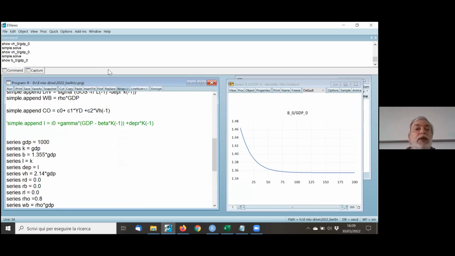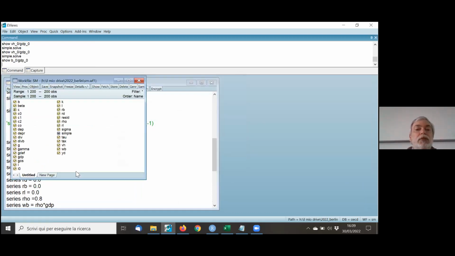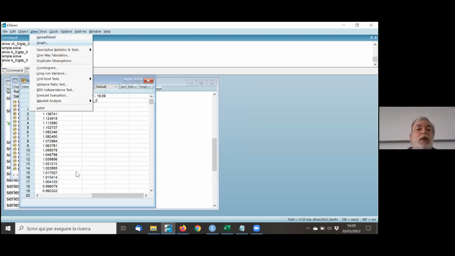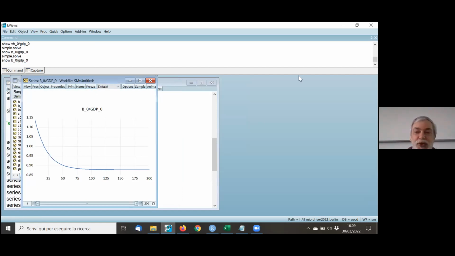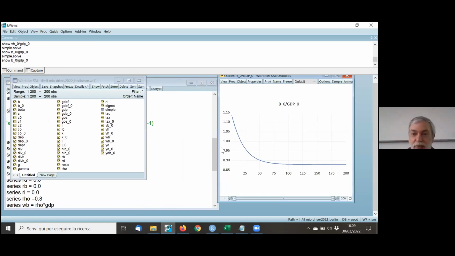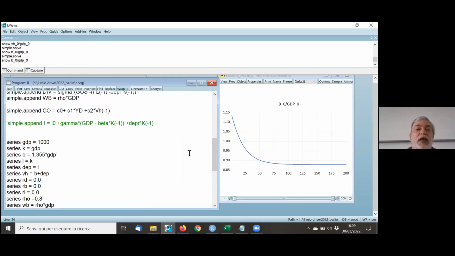And wealth should still be given by B plus dep. But now this is changing. So it's also depending on the starting value, maybe. It's not 879.